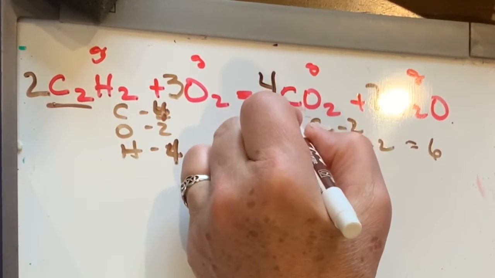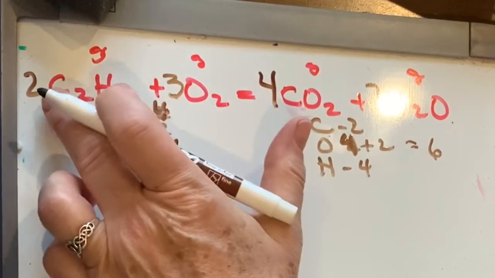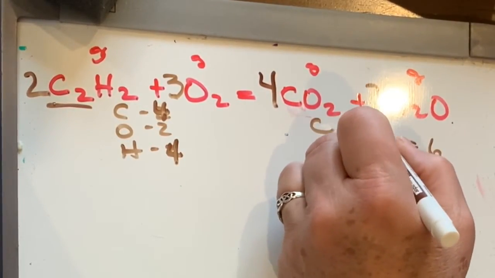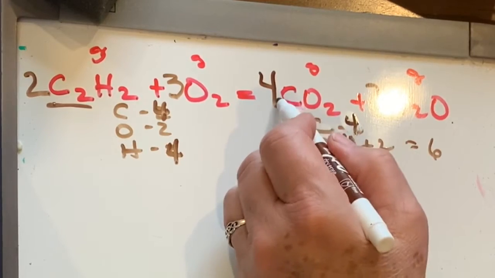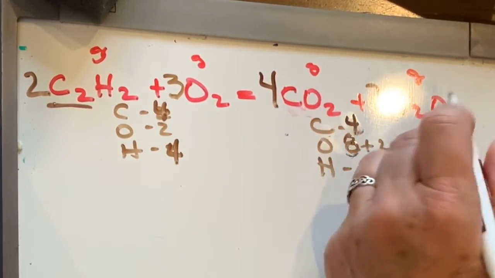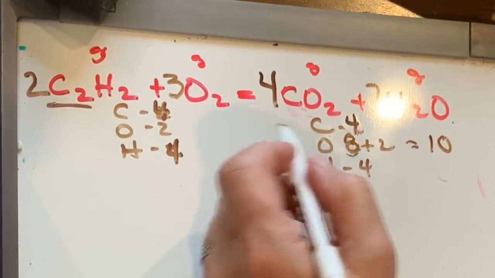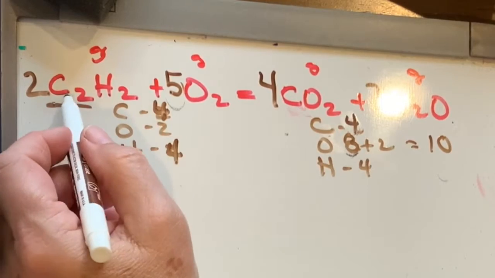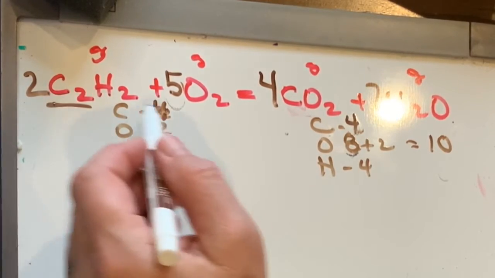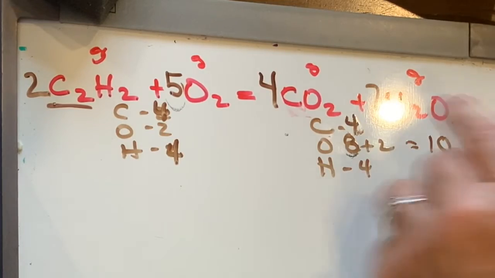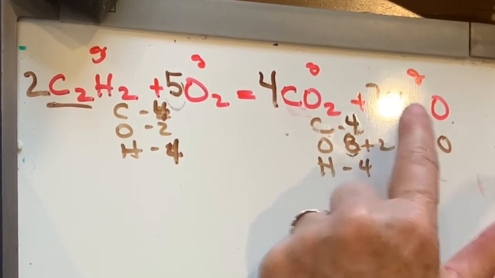This has to be a 4 because this is a 2 times 2. This is 2. All right, so this becomes 4 now. And then this is 4 times 2 is 8. And that makes this a 10. So now we have 5. So our balanced equation is 2 C2H2, 5 O2, and 4 CO2, and 2 H2O.